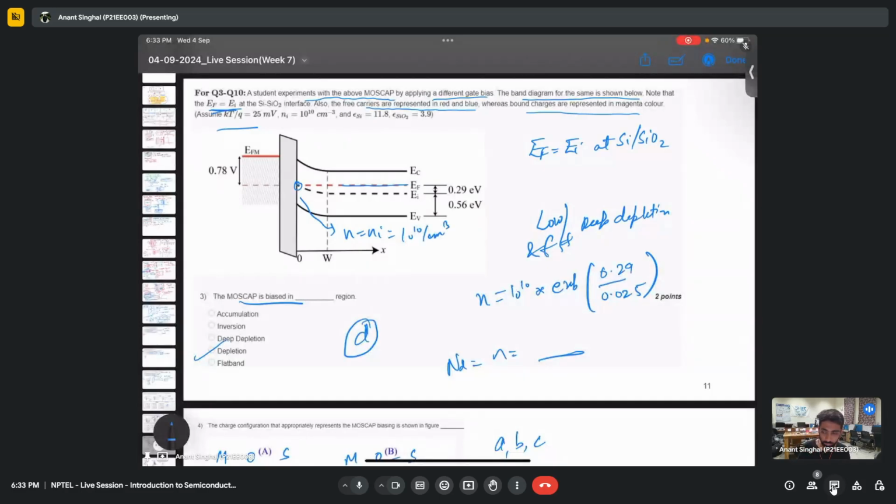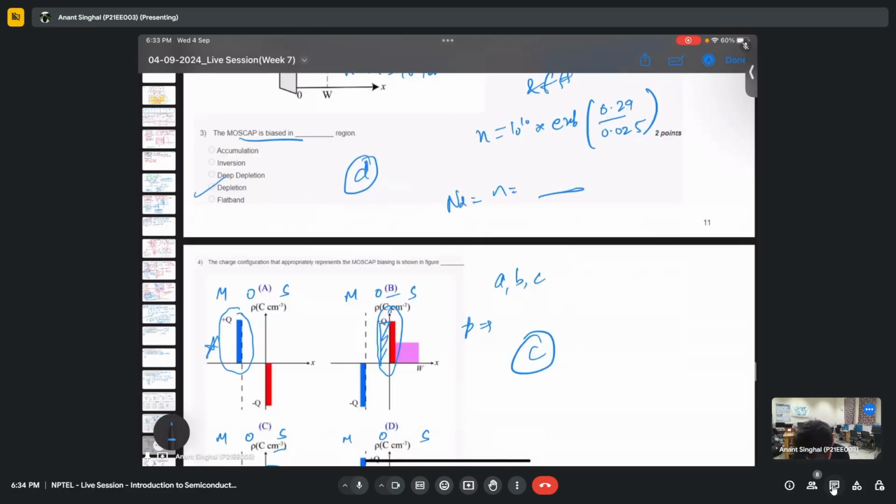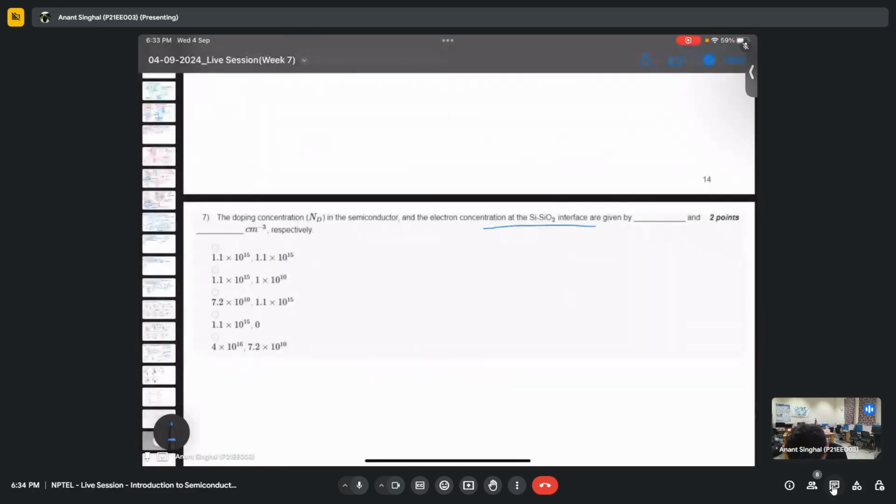Does it make sense to everyone? Yes, sir. Okay, so let's see the options. On calculating ND, it will come out to be 1.1 times 10 raised to 15. You can try to calculate at home also. So option B will be the correct answer. Shall we proceed?